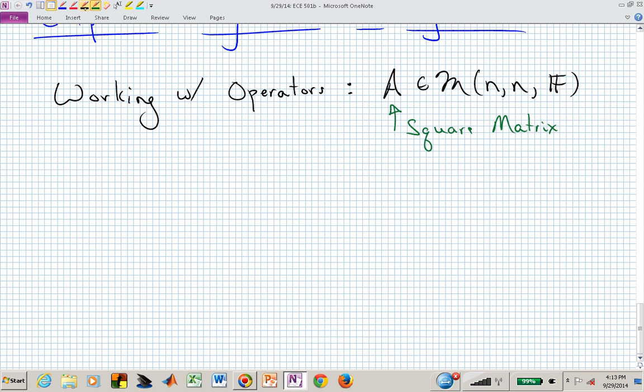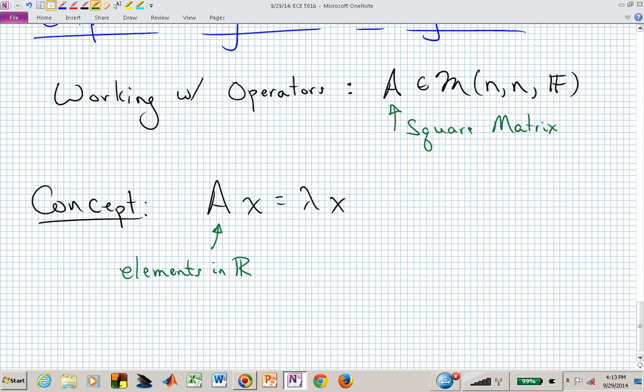The concept, so we're really just starting by giving us what we're going to be playing with. We have Ax equal to lambda x. That's the eigenvalue eigenvector equation, where all of the entries in the A matrix are generically coming from F, either real or complex scalars.